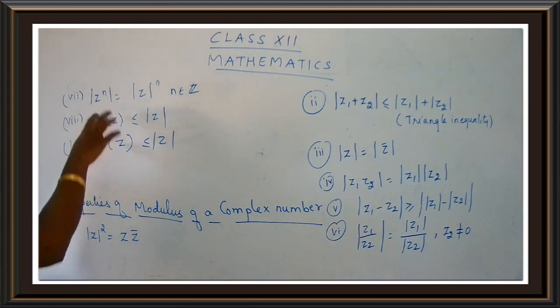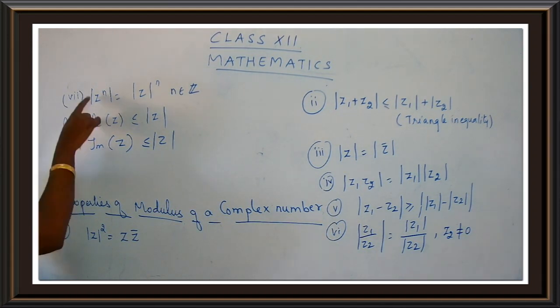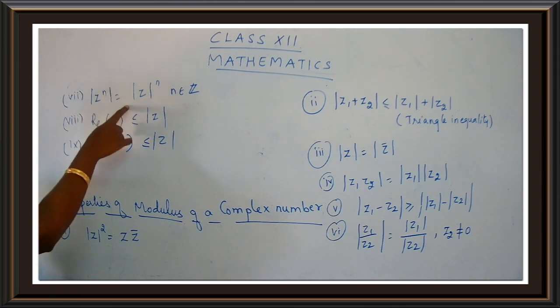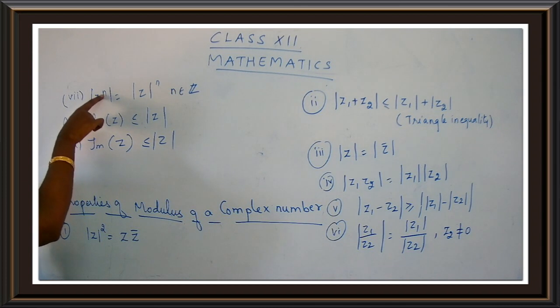When you study, take the conjugate property and the modulus property and compare them, and you will come to know what is common and what is different. So modulus Z raised to n is equal to modulus Z the whole raised to n. Here the power was inside the modulus sign, now the power comes out of the modulus sign.